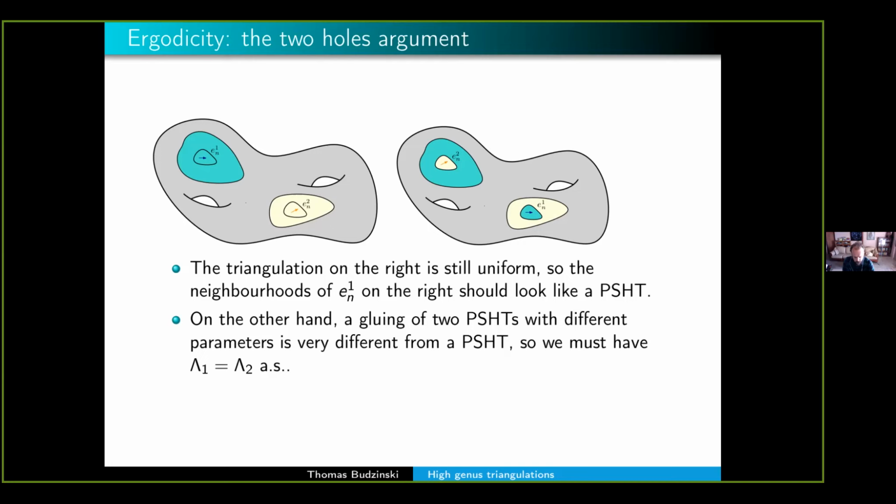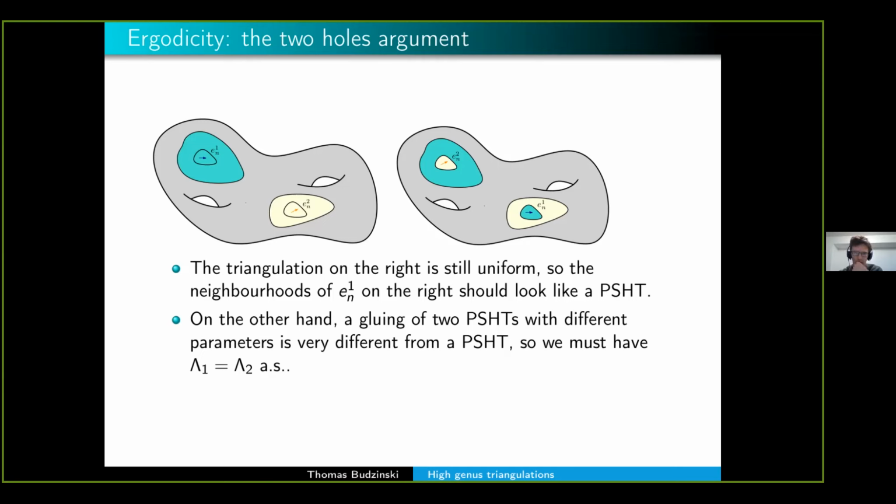Out of curiosity, has anybody done some work on the UIPT with regard to statistical models like percolation or the Ising model or this kind of thing? Yeah, percolation has been done actually.